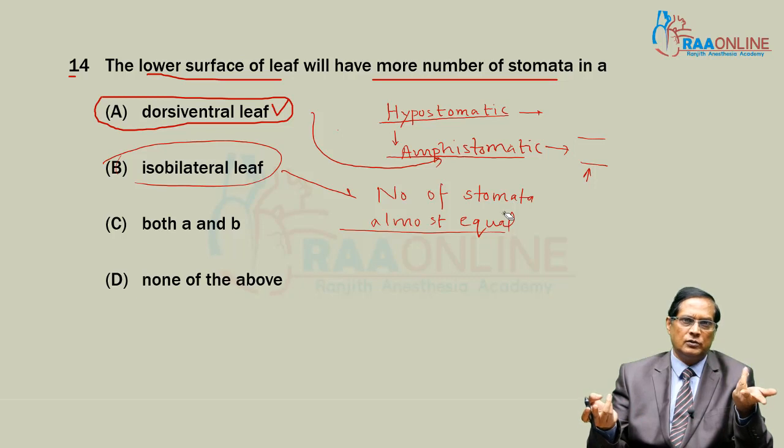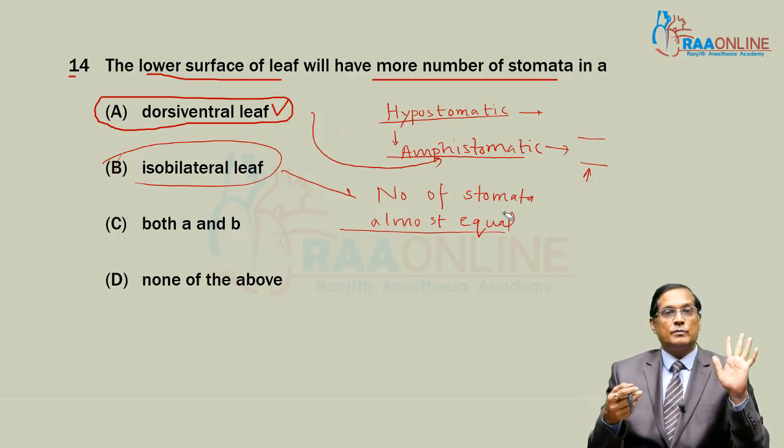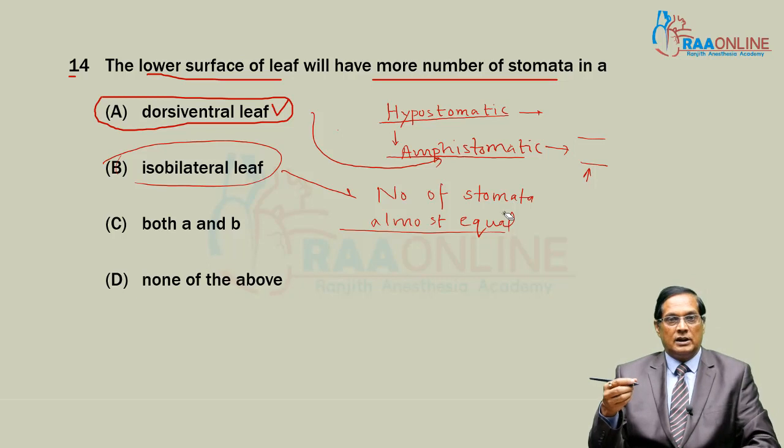Hypostomatic, that is only on the lower surface, but if it is amphistomatic, then more on lower surface than upper one.